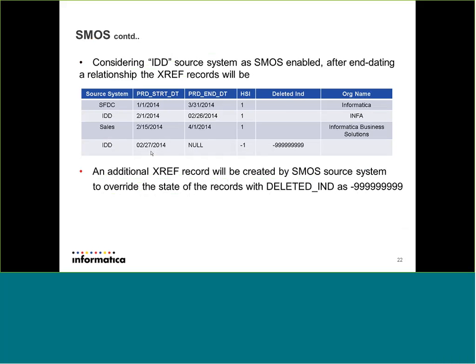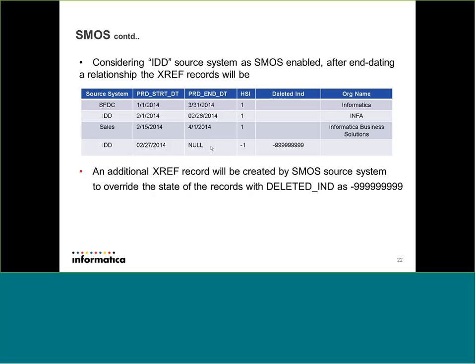If you are ending the relationship today, the period start date of the newly created record will be today, 27th of Feb, and the end date will be null. That means from today, for infinite time, this particular relationship is inactive.